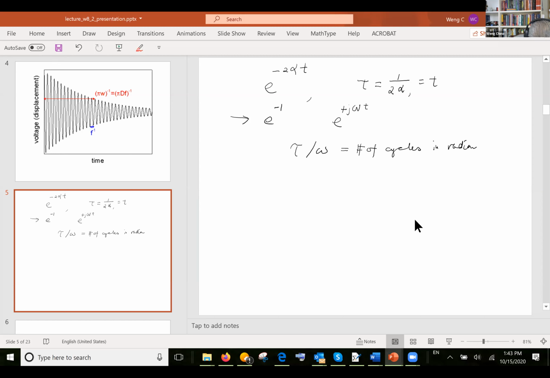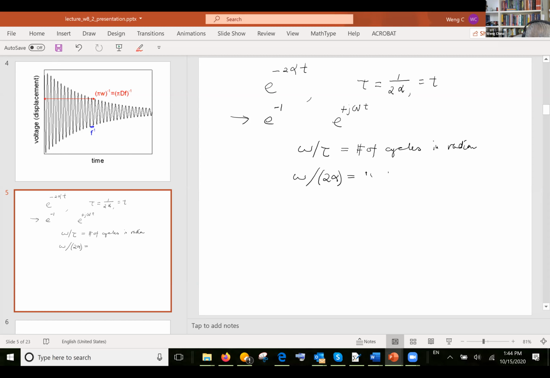No, I have it the opposite way, which is that if tau is very small, so it should be actually omega times tau, okay? It's number of cycles in radian before the signal decays to 1 over e of its value. And then this tau is 1 over 2 alpha.